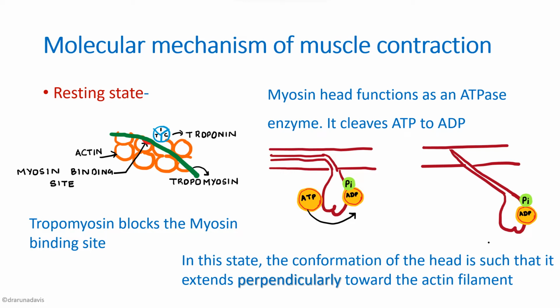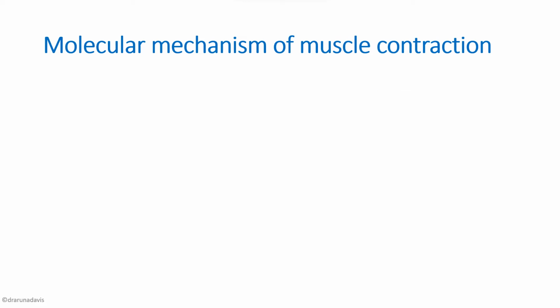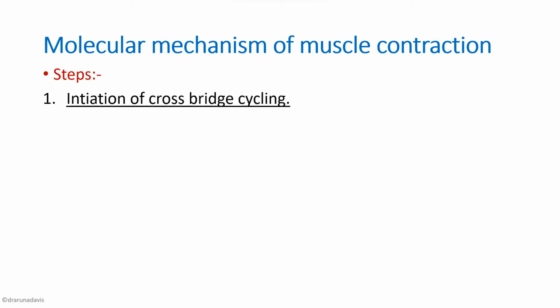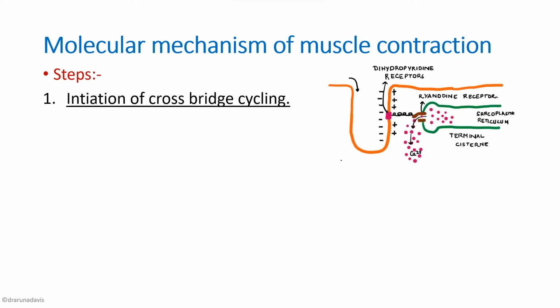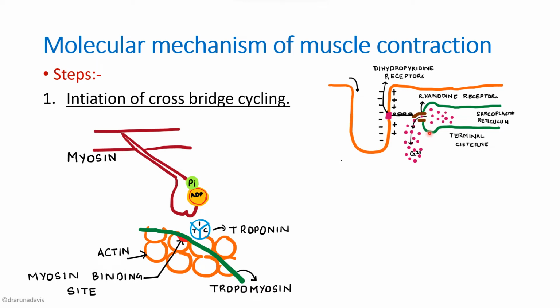Now what are the steps of contraction, or what happens when contraction occurs? The initiation of contraction occurs due to the release of calcium. When a muscle membrane is activated, there will be depolarization, which in turn leads to release of calcium from the sarcoplasmic reticulum. That calcium will bind onto the troponin C part of the thin filaments.